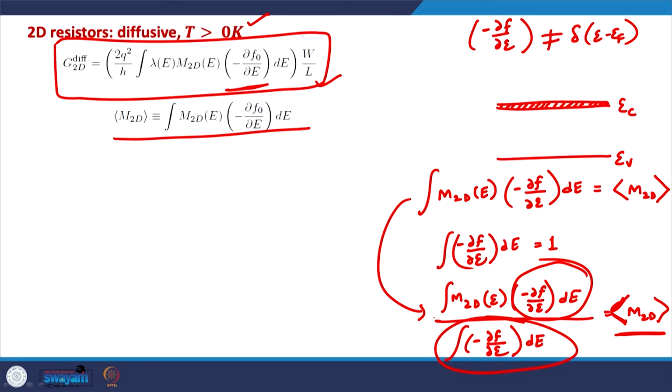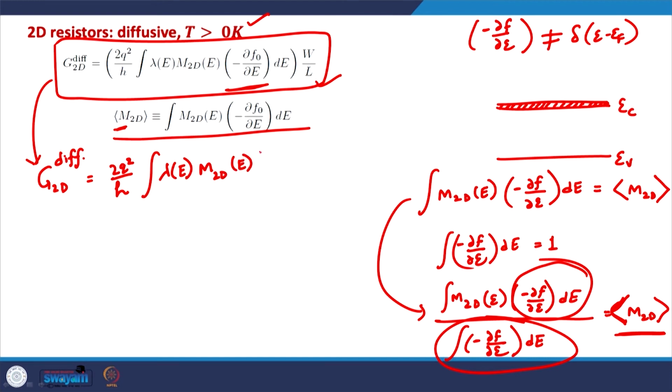Okay. So, now what we do is we divide and multiply this term by this average. So, G2D diffusion conductance is 2q square by h, integral of lambda(E) M2D(E) times minus del F by del E dE.